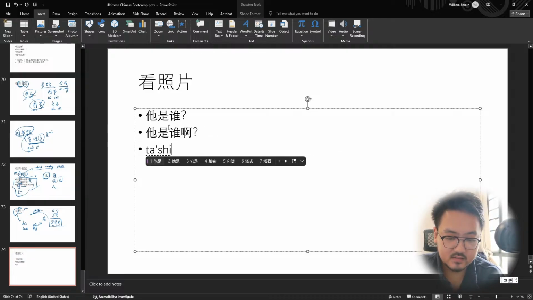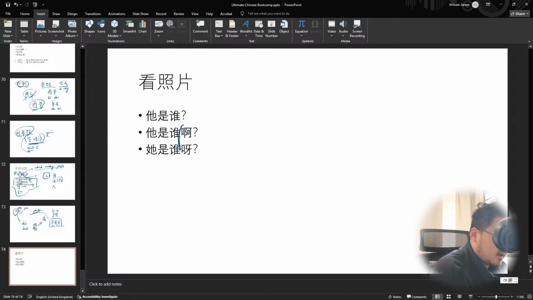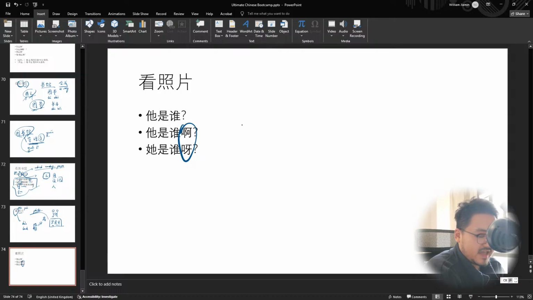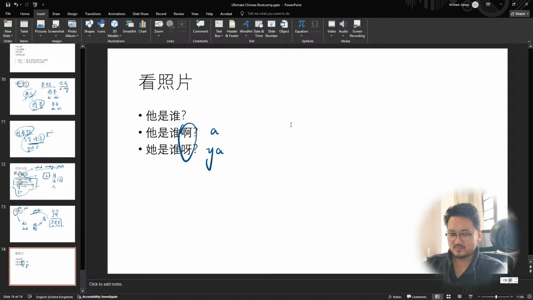Always adding 呀 at the end to make it softer. So adding this to the end makes it a softer tone. And 他是谁 is like an interrogation, like an angry father asking his daughter's boyfriend, something like that. So yeah, don't do that. It's too aggressive. So 他是谁呀?